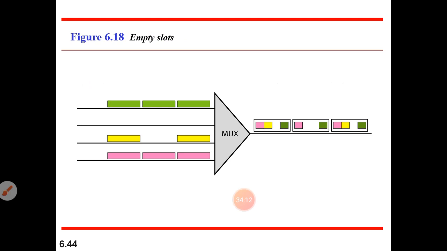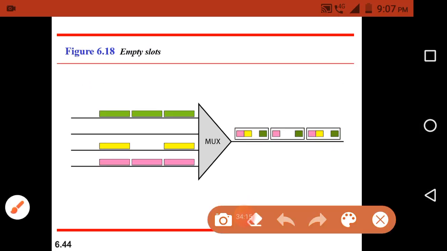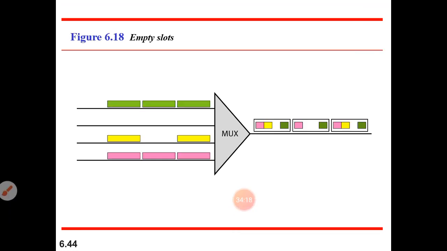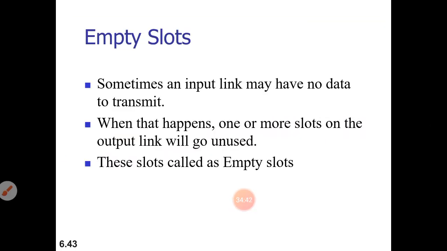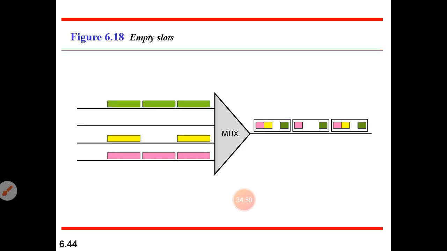In the first connection all 3 slots are filled, but in the second connection no data is present. In the third connection one slot is empty, and in the fourth connection all the data is filled. So the input link may not have data to transmit, and when that happens, one or more slots on the output link will go unused.